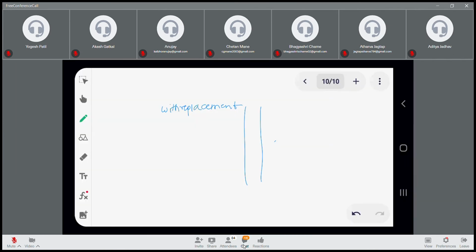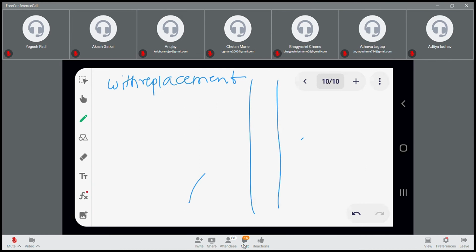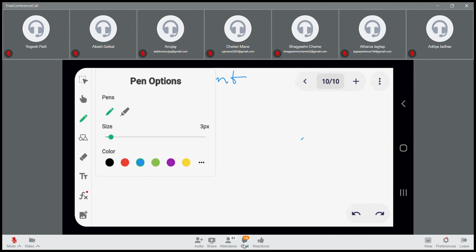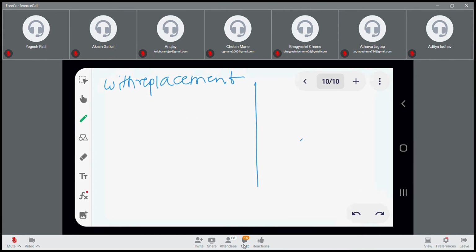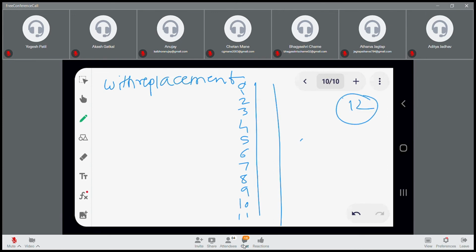Consider the hash table size is, suppose, 0, 1, 2, 3, 4, 5, 6, 7, 8, 9, 10, 11. Okay, 0 to 11, that is 12. Table size is 12 according to the numbers given.